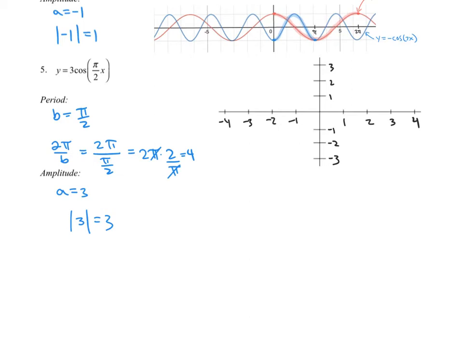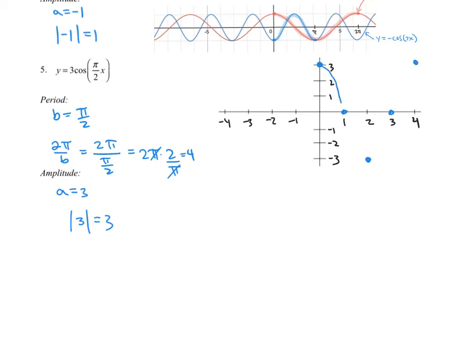Now we're ready to graph the function. Cosine usually has a y-intercept at 1, but since we have an amplitude of 3, we're tripling the height of that point. So the maximum point is going to be up at 3. And then we go down to the x-axis, down 3 units, back to the x-axis, and back up 3 units.